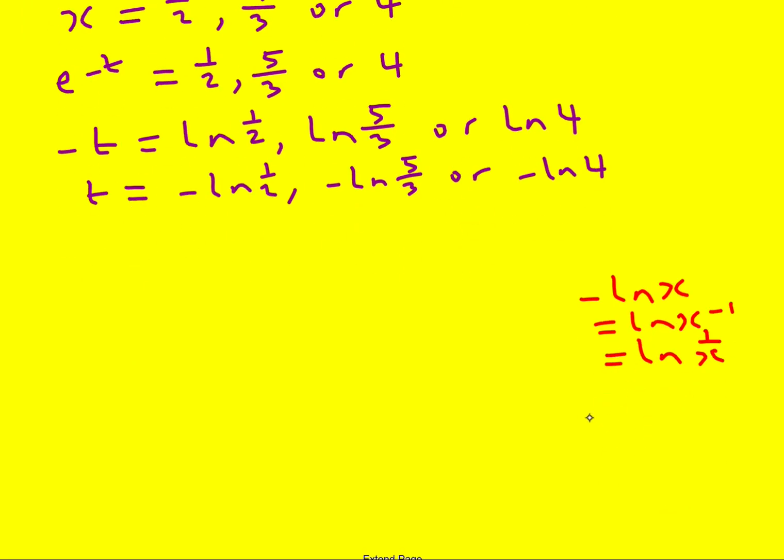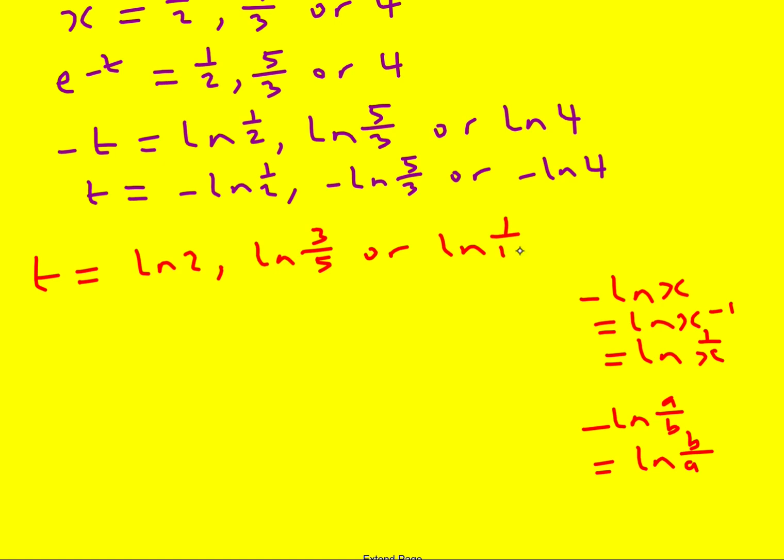And in the same way, minus ln a over b, if you bring up the minus and you do a over b to the minus 1, you take the reciprocal of a over b, it just becomes b over a. You can simply get rid of the negative and swap them around. So t is actually ln 2, ln 3 over 5, or ln 1/4. And for me, that is a much simpler answer.